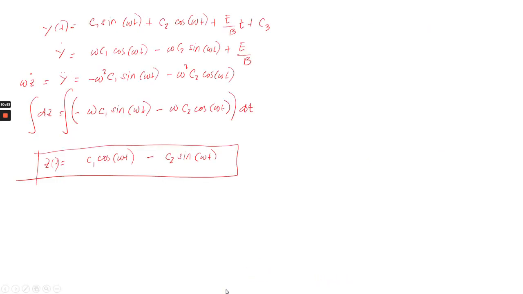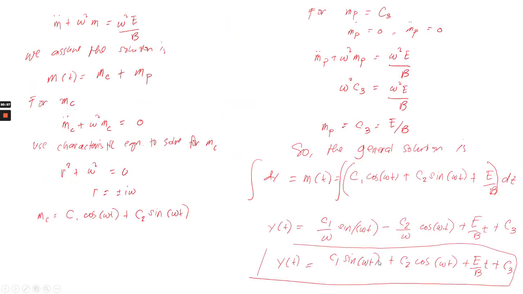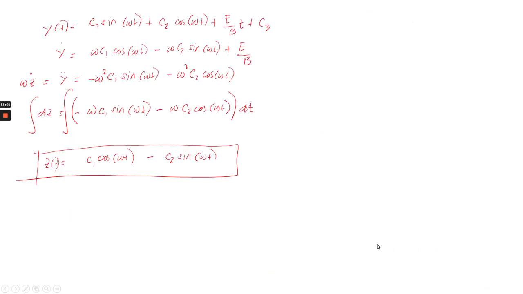So the next thing we need to do is determine the constants C1, C2, and C3. Okay. So take note this is y of t, and this is z of t. So we can determine C1, C2, C3, and this is also a constant, C4, right?